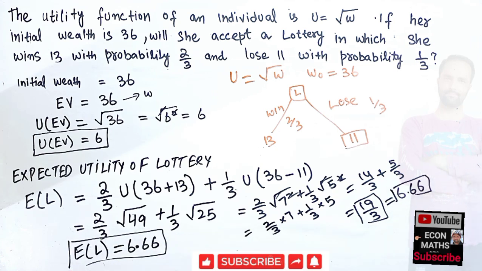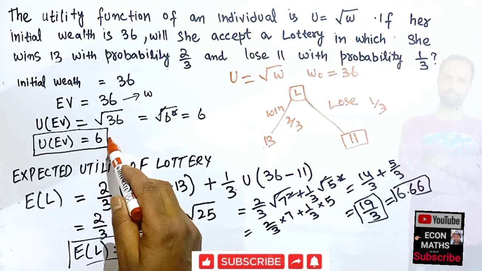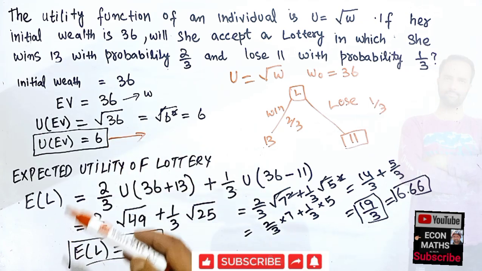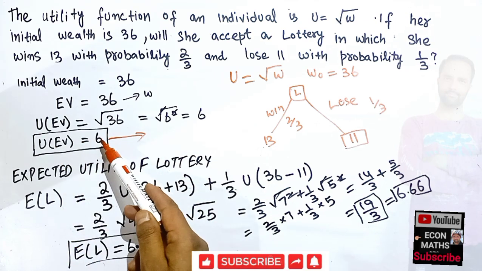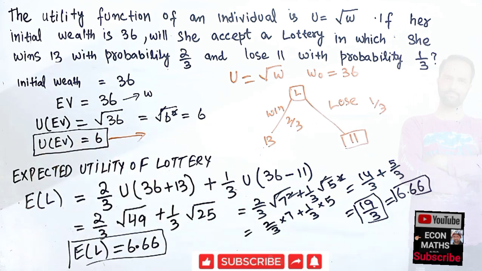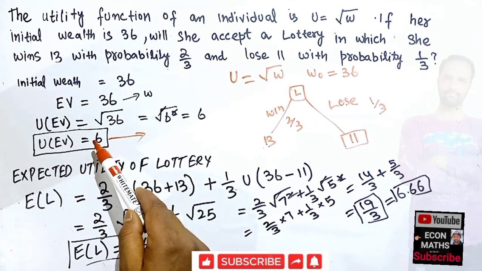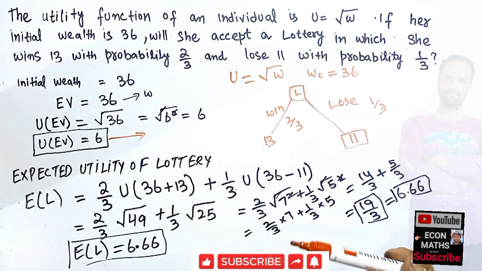Now how do we decide whether she will accept this lottery or not? The utility of the expected value, or utility of the certain amount, is only 6, and the expected utility of the lottery is 6.66. Whenever the expected utility of the lottery is greater than the utility of the expected value, the agent will accept the lottery.